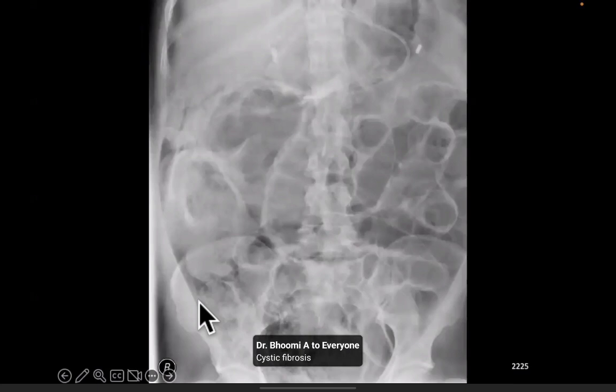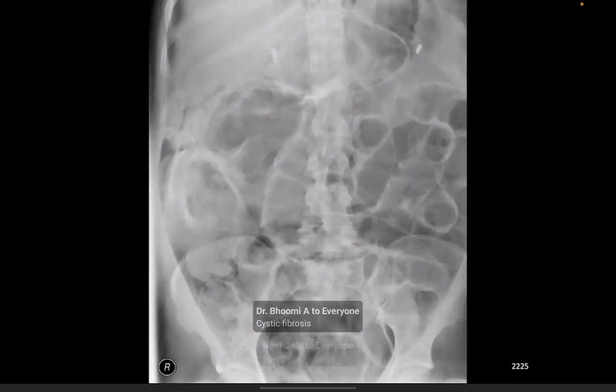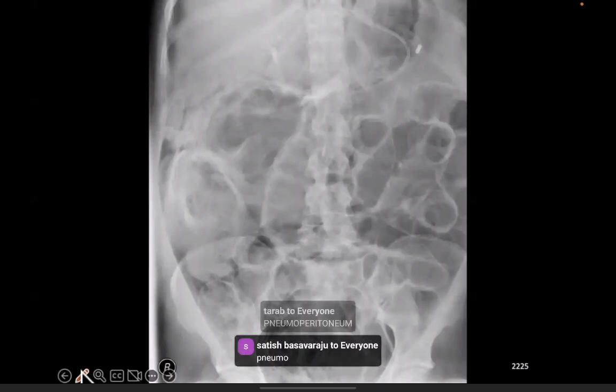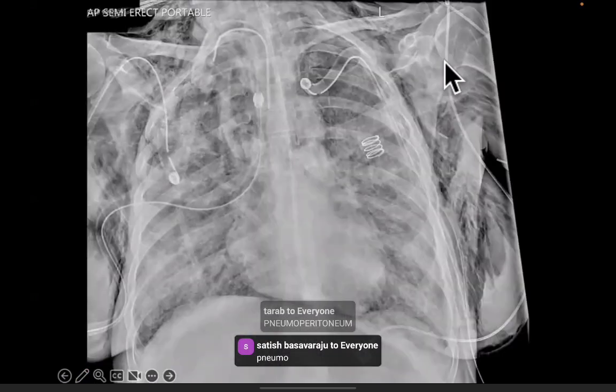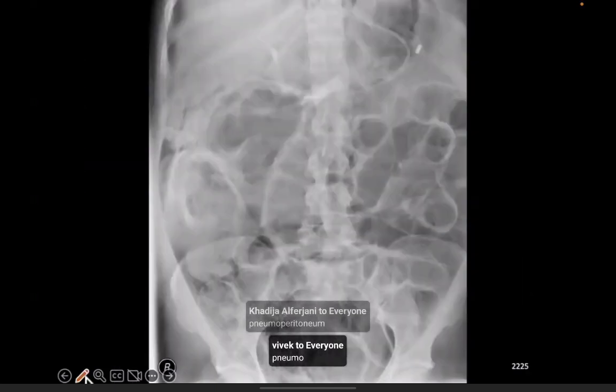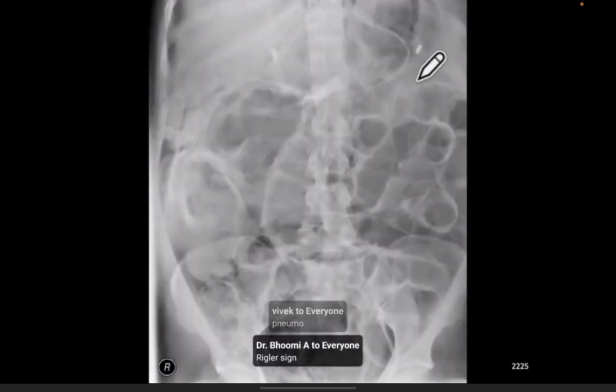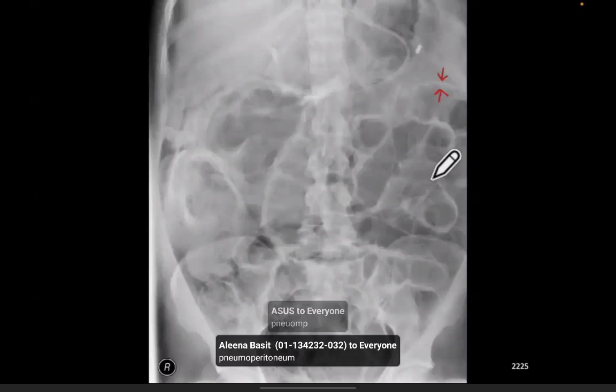Okay, diagnosis, abdo pain. Rigler's sign, yeah. So you see both sides of the bowel wall. You can see both sides of the bowel wall here.